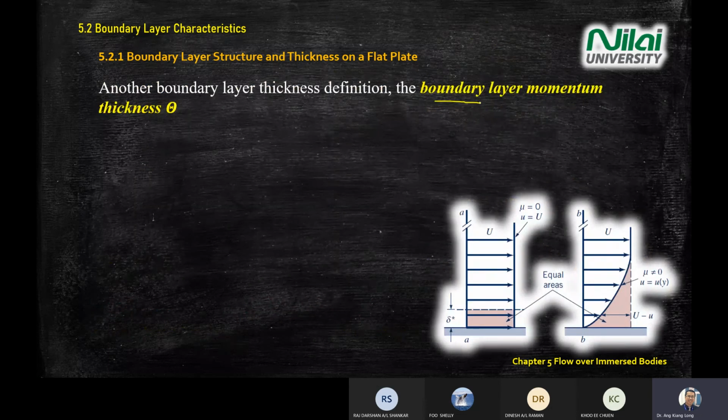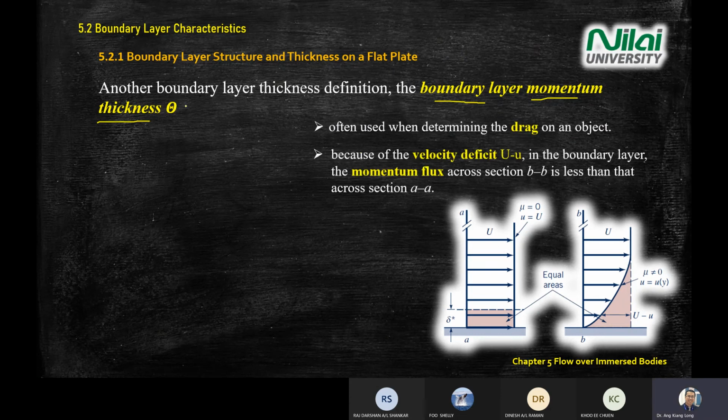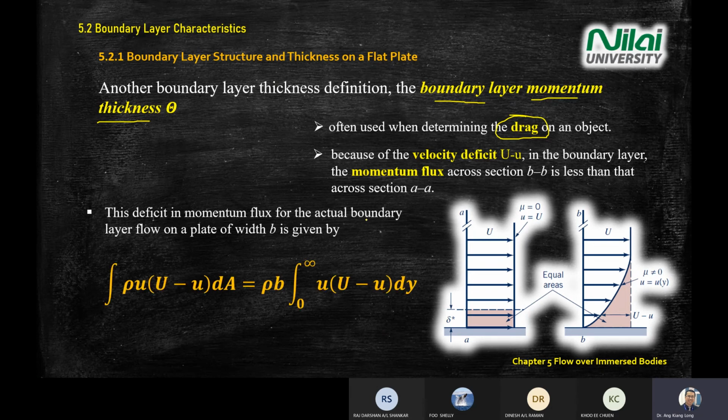Another type of boundary layer thickness is called momentum thickness. Momentum thickness is used on drag only. It's often used for drag. If you want to find the drag, you use momentum thickness to determine it. I'll go very fast. This one is the momentum equation.